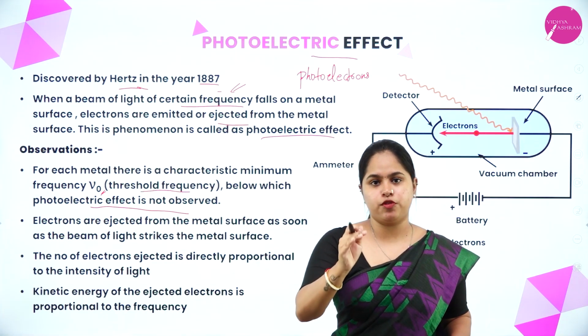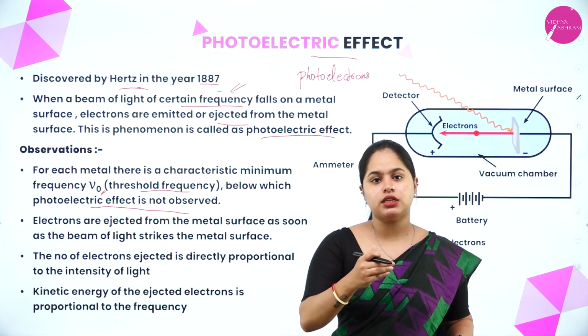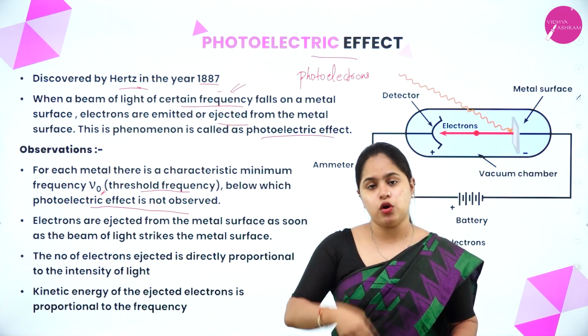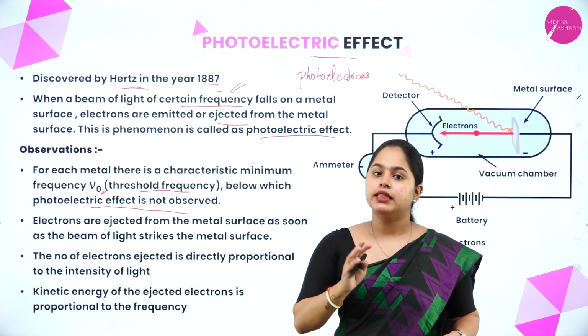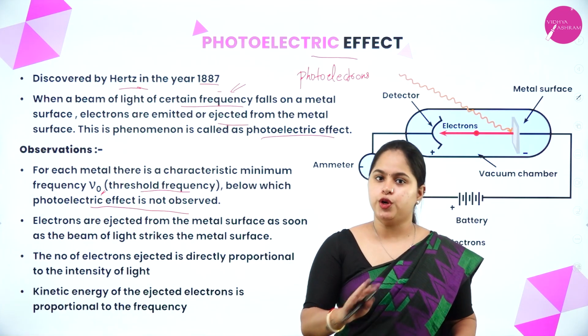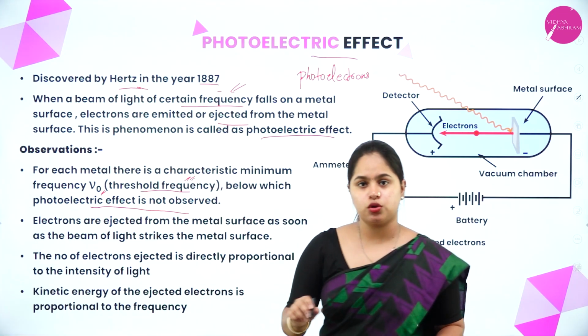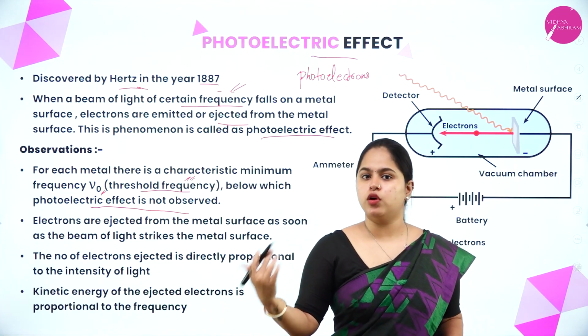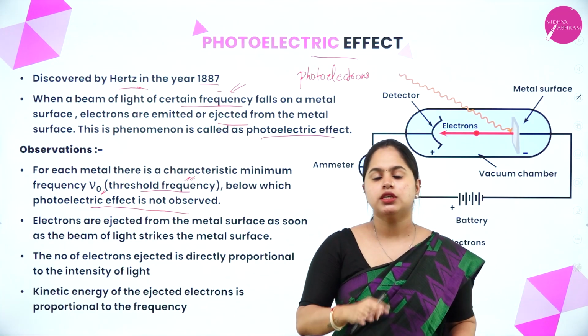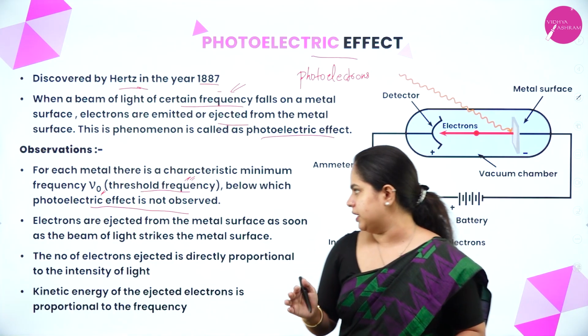If the light is coming below that frequency, the photoelectric effect will not happen. So that minimum frequency is called the threshold frequency, which is different for different metals, below which the photoelectric effect will not take place.